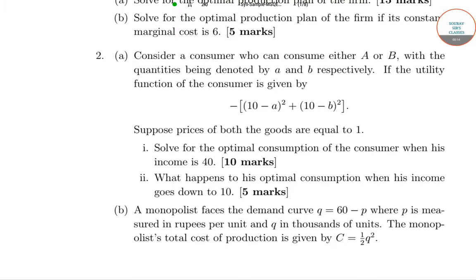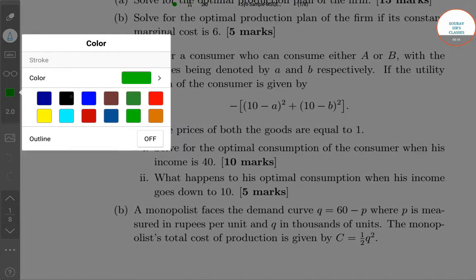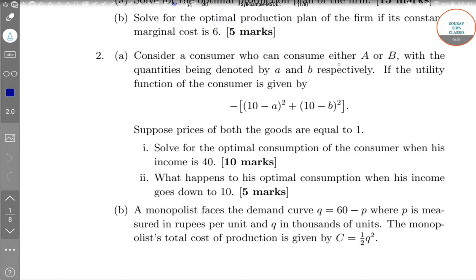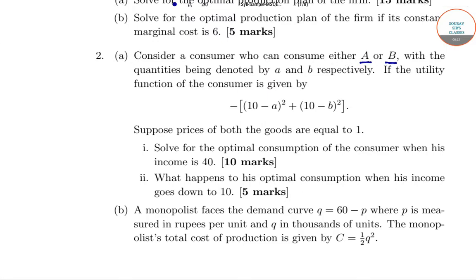In this question it is given, consider a consumer who can consume either A and B, with the quantities being denoted by small a and small b respectively.